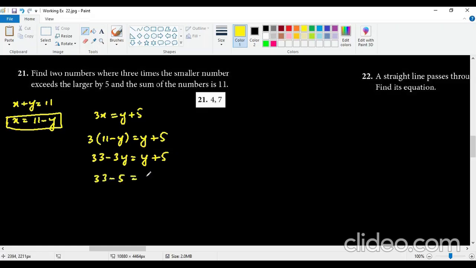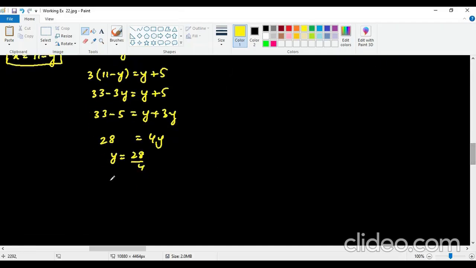That means it's going to be 4y. 33 minus 5 is going to give us 28, and y will be equal to 28 divided by 4, which is going to give us 7. Y is equal to 7. So 4 and 7 are the numbers we are talking about.